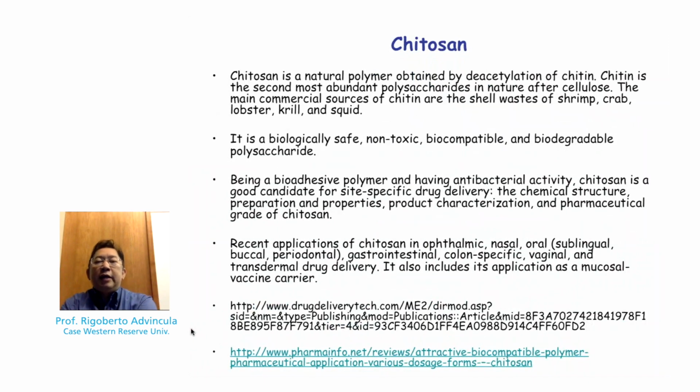Talk about chitosan, which is not as popularly used as the former two, the starch and the cellulose. Chitosan actually is a very abundant natural polymer that is obtained by deacetylation of chitin.